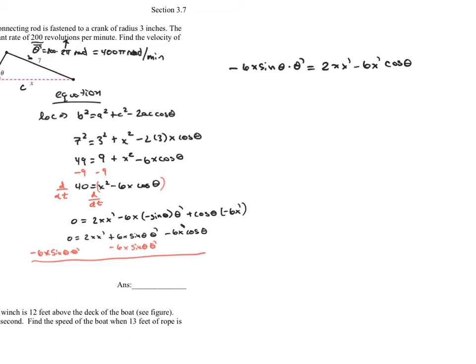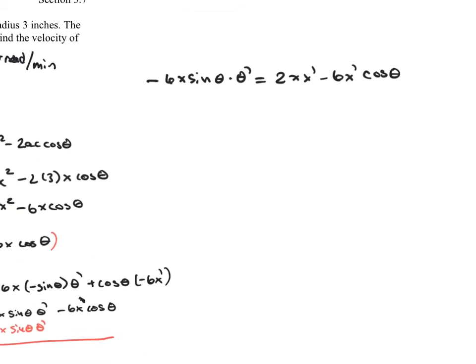Okay. Why did I do that? Because everything on the right has an x prime. So I could go ahead and factor out the x prime. So that would be equal to x prime times what would be left in the first one would be a 2x, and then in the second one would be a minus 6 cosine theta. On the left, we still have minus 6x sine theta times theta prime.